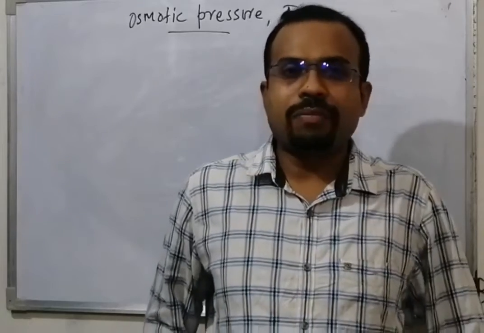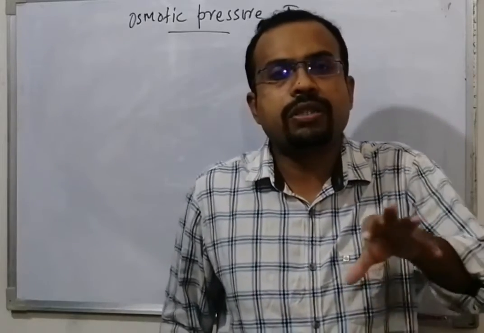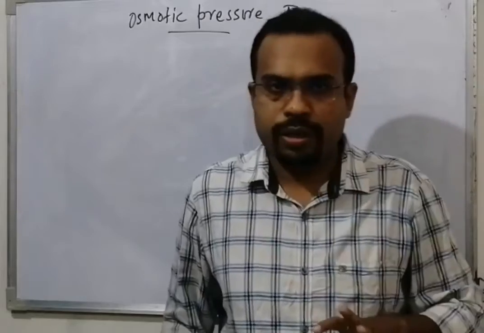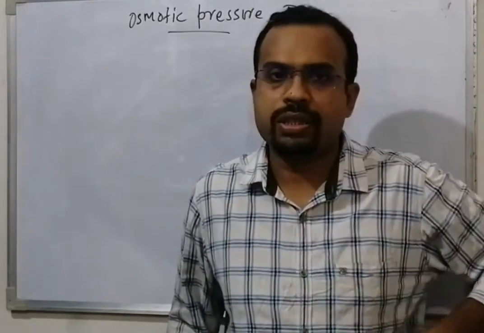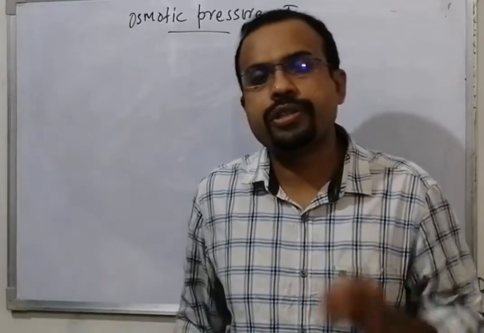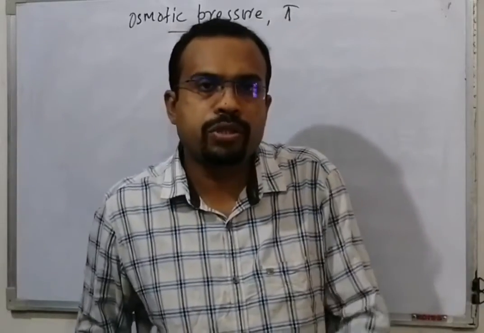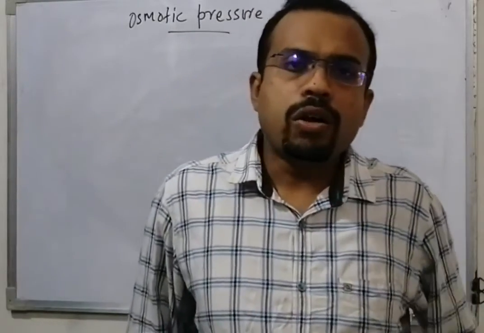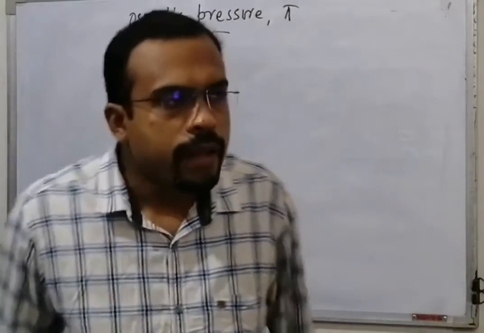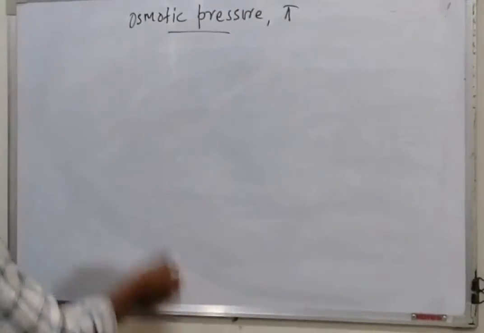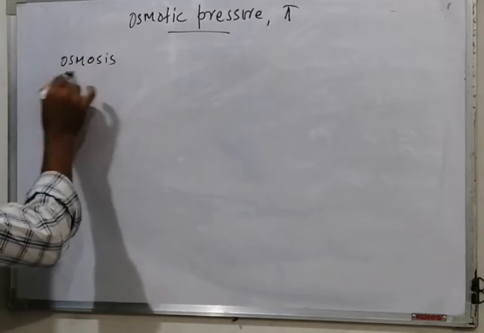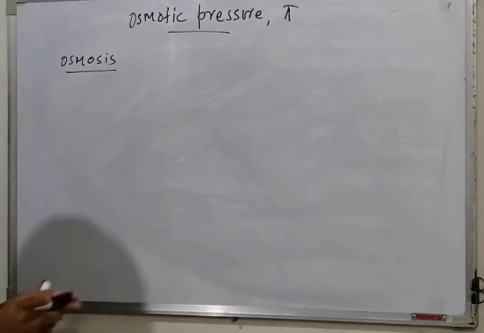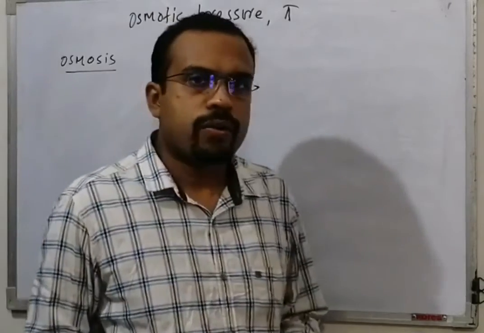Vapor pressure is a different idea: it is the pressure upon a liquid solvent or solution produced by vapors of that liquid. Osmotic pressure is a different idea. Before going to osmotic pressure, you have to learn what is osmosis. You learned this in biology. Okay, osmosis.